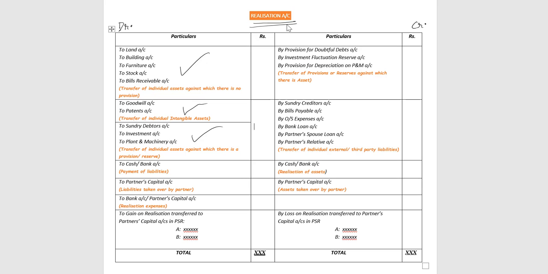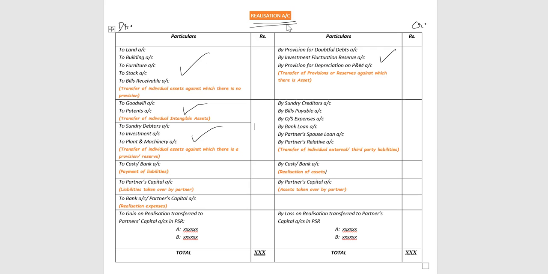On the credit side, we need to transfer the provisions or reserves against which there is an asset. It could be provision for doubtful debts, which is a provision created for sundry debtors.